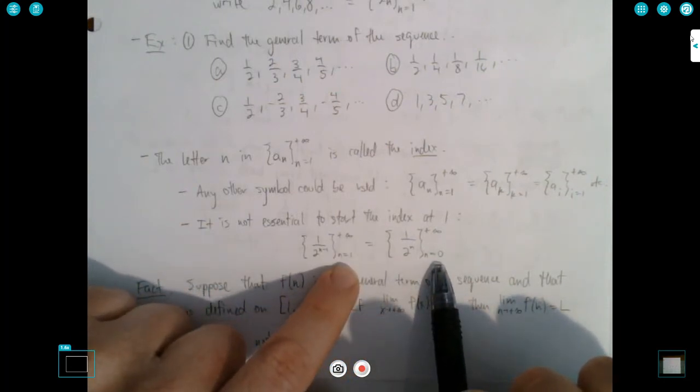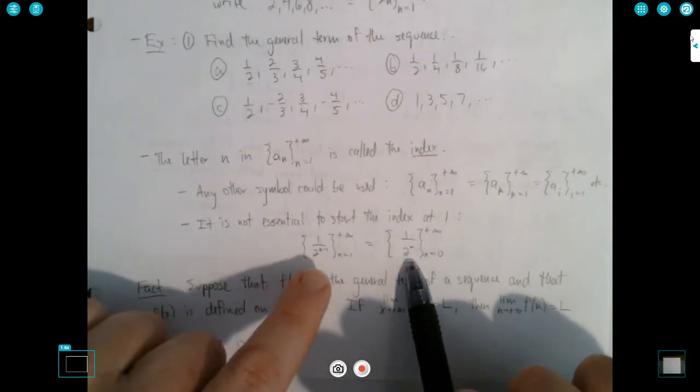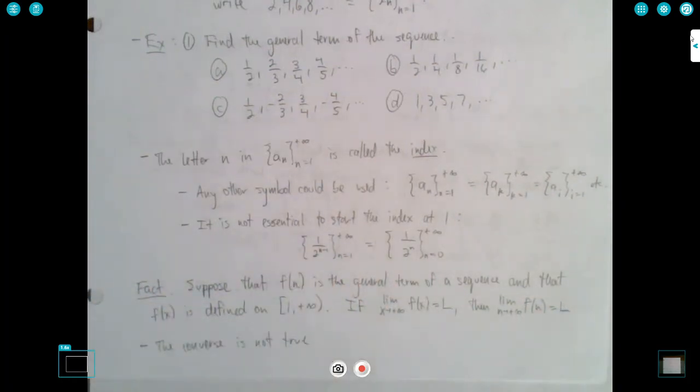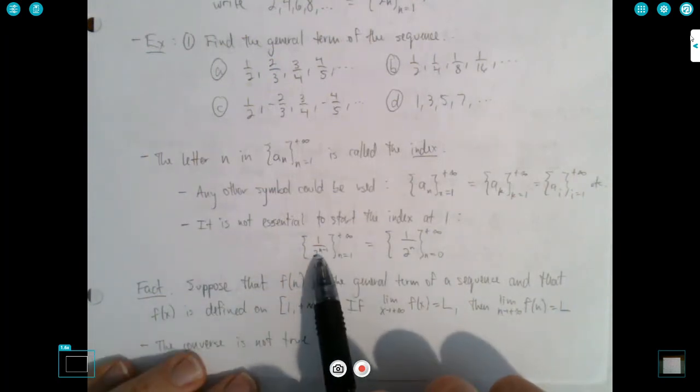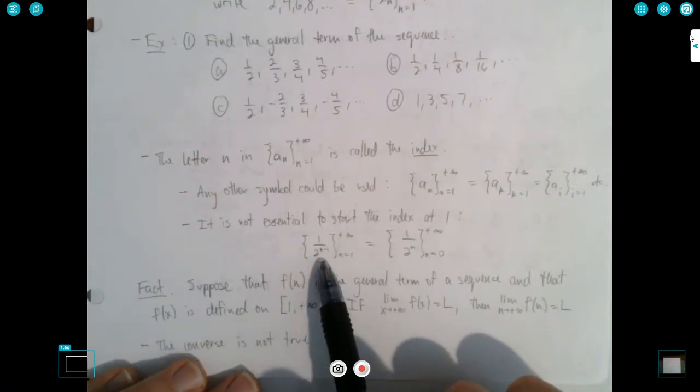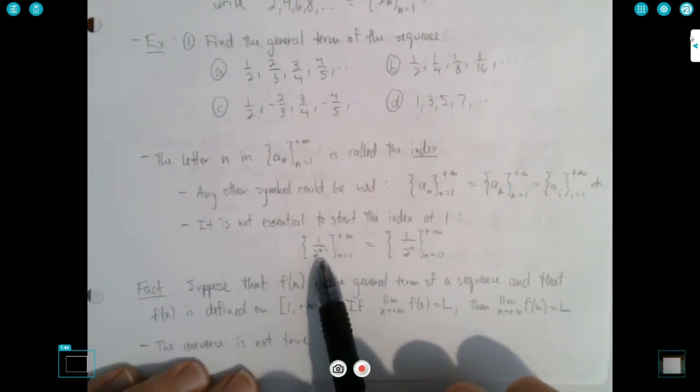And you can pause the video and convince yourself that these two rules generate the same sequence of numbers. If you plug in 1 here, you're going to get 2 to the 1 minus 1, which is 2 to the 0, so you're going to get 1 over 1, which is 1. So the first term in the sequence is going to be 1.